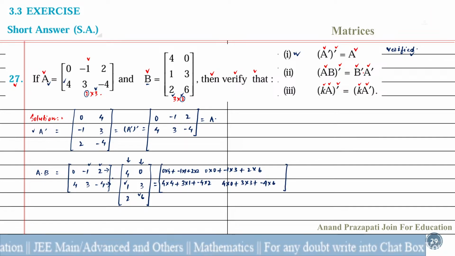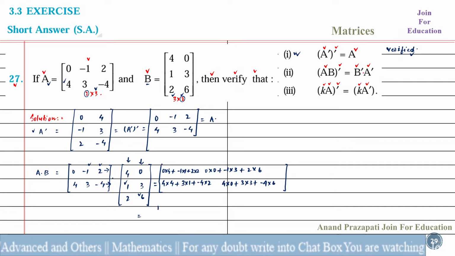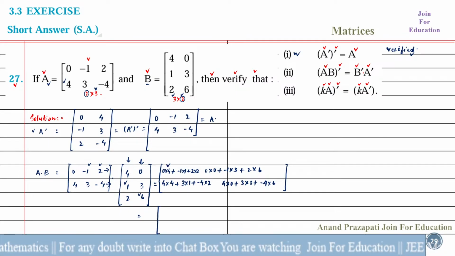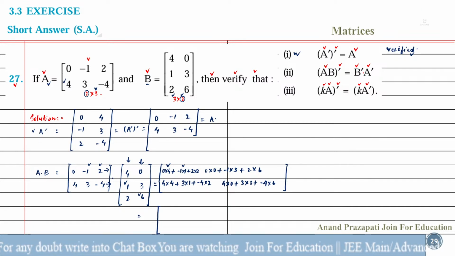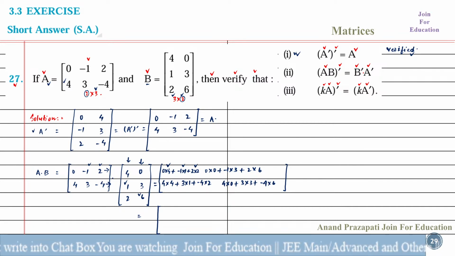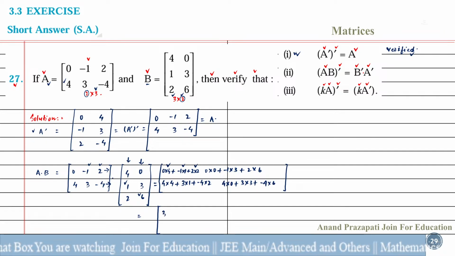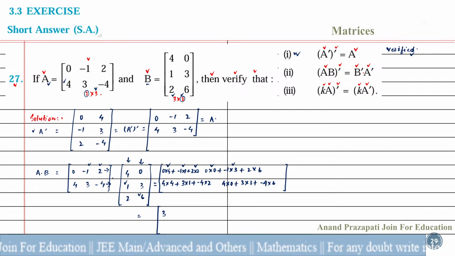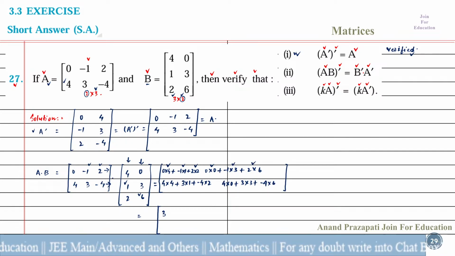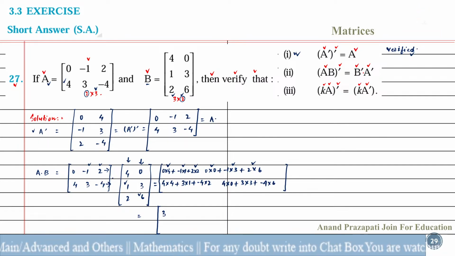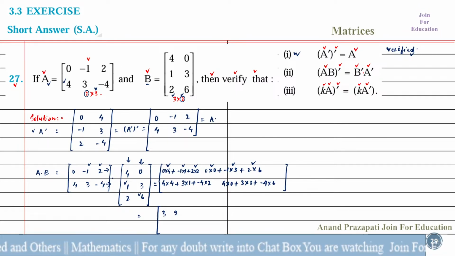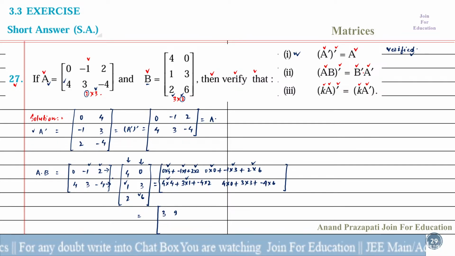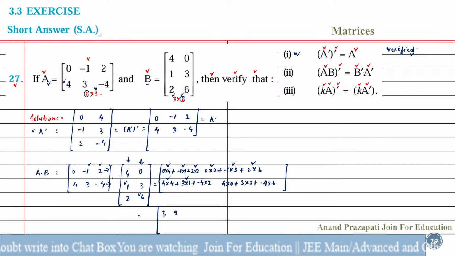So the next step will be 0 plus minus 1 plus 4, 4 minus 1 equals 3. Then here 0 minus 3 plus 12, 12 minus 3 equals 9. And 16 plus 3, 19 minus 8 equals 11.